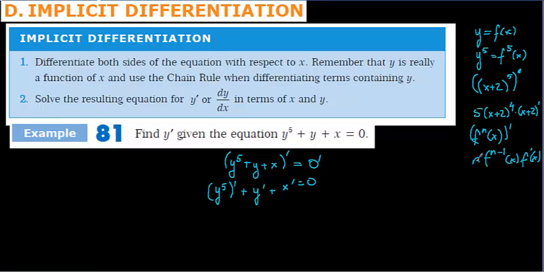Its derivative is equal to 5 times y to the power of 4 times y derivative, plus x derivative is going to be equal to 1.